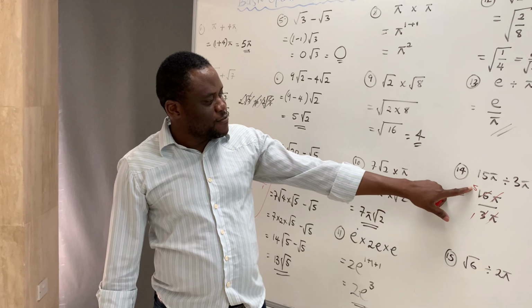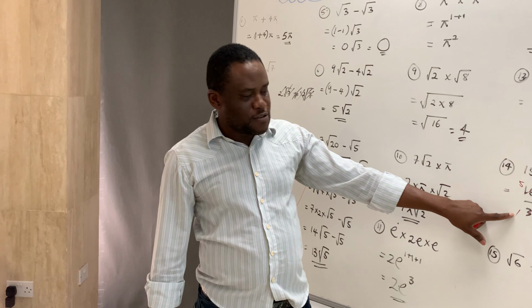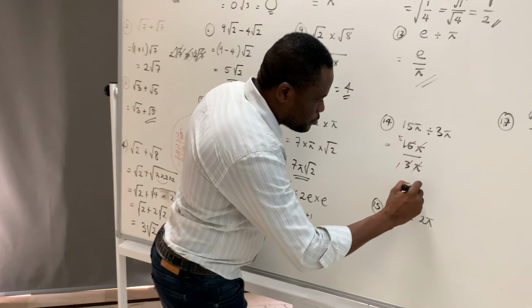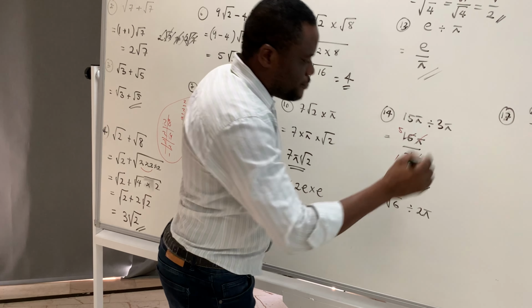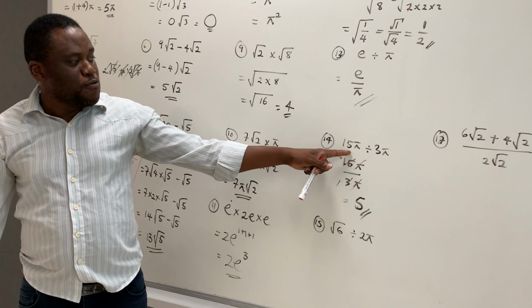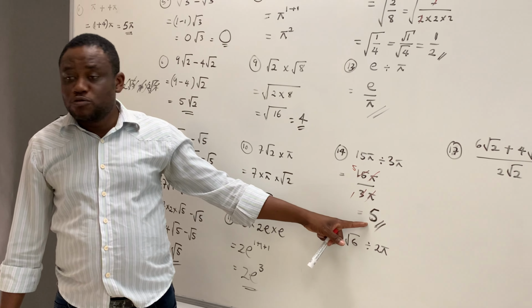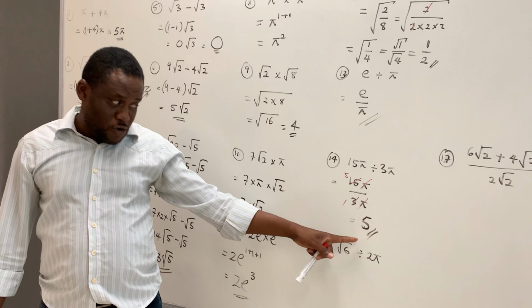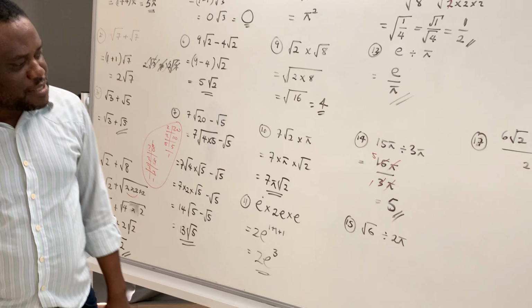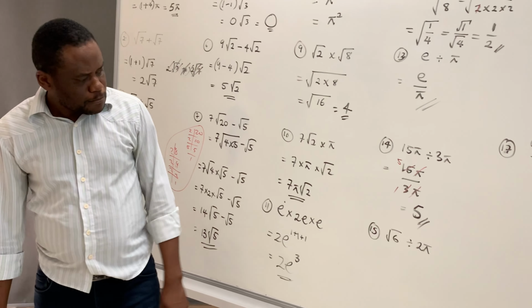So what is left here is 5, and what is left here is 1. So 5 by 1 will give us 5. So we move from irrational to whole number, also called a natural number. Right? We are almost done.